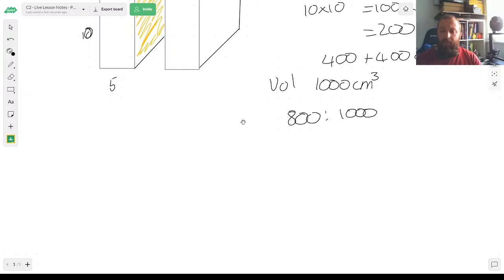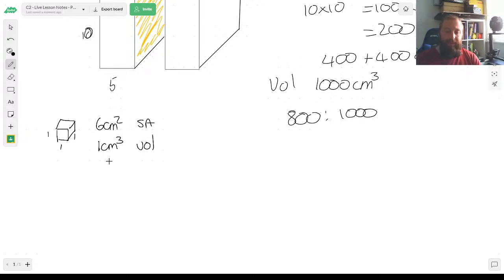Now, the other thing we could do, and I'm not going to draw all of these out, but we could, if we imagined that rather than just chopping it in half, I was to slice it up into 1 centimetre cubes, very badly drawn 1 centimetre cubes. Each of these would have a surface area of 6 square centimetres, and it would have a volume of 1 cubic centimetre.